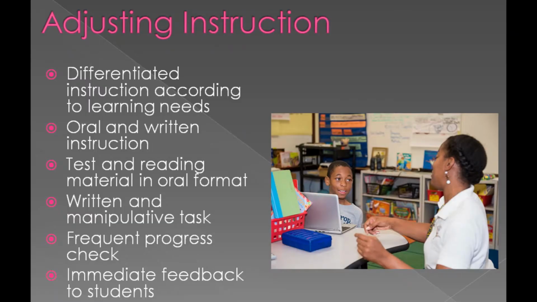We use differentiated instruction tailored to students' distinctive learning abilities. We provide oral and written instruction for students by presenting test and reading materials in an oral format so that the assessment is not unduly influenced by lack of reading ability.